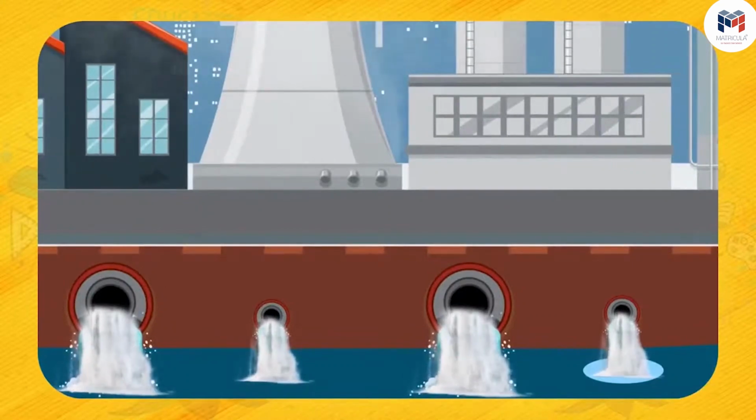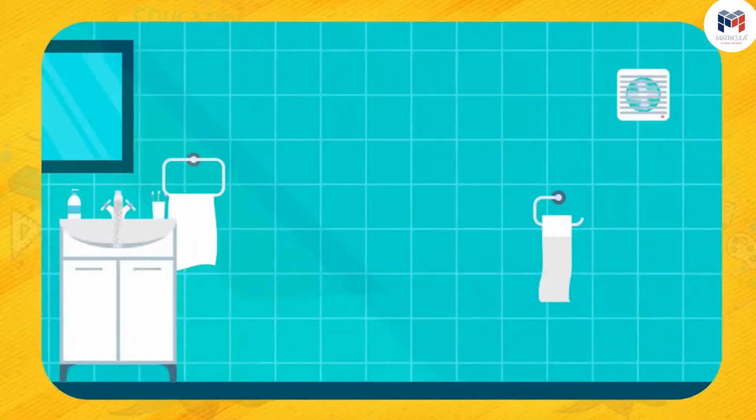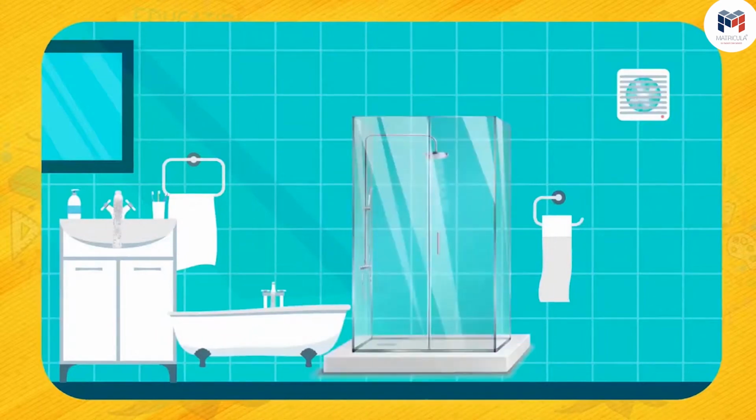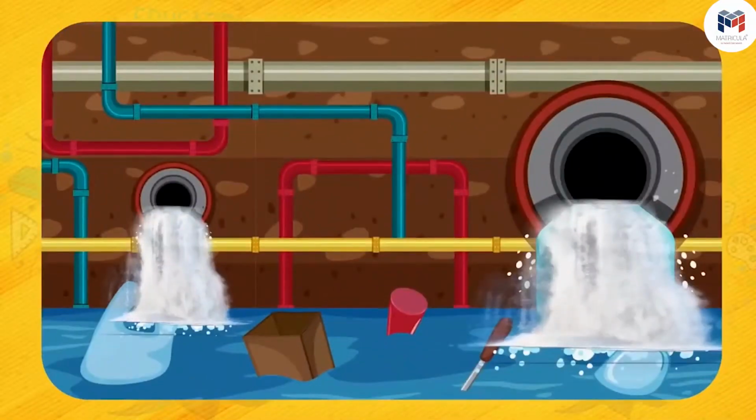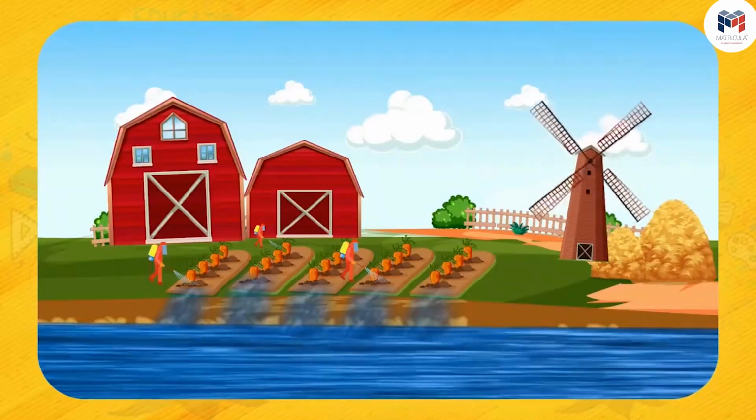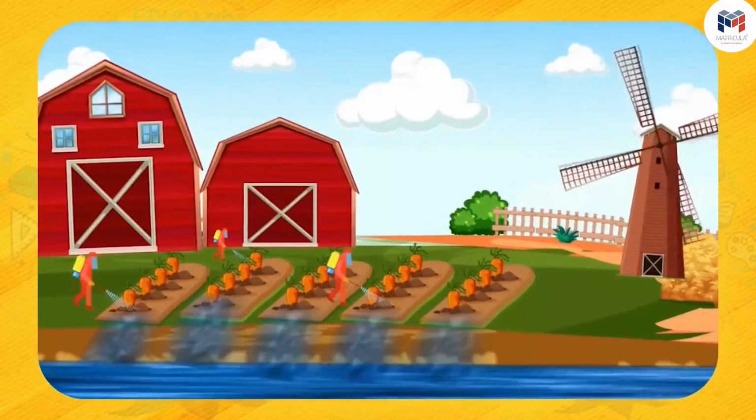Do you know where the wastewater from the sink, bathtub, shower, toilet goes? The wastewater is dumped in the nearby reservoir, which also makes the water in the reservoir dirty. Not only this, the use of pesticides and fertilizers by the farmers also pollutes the water.